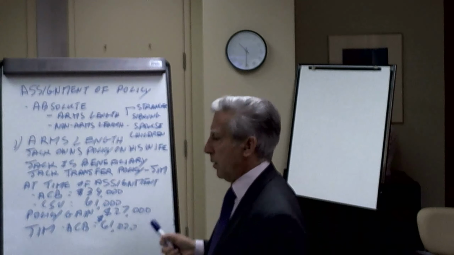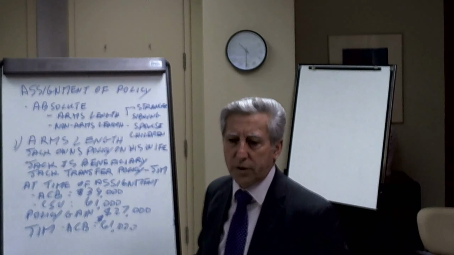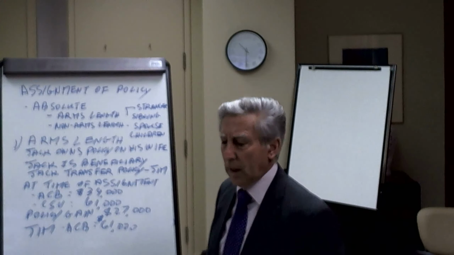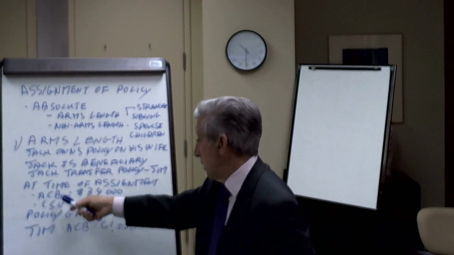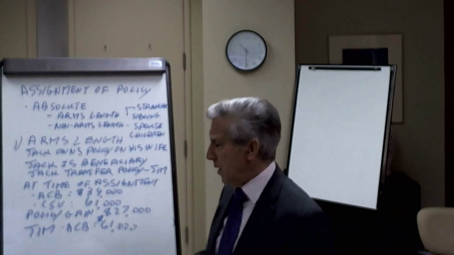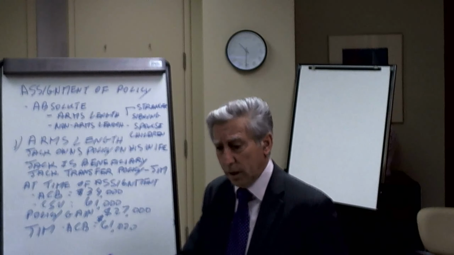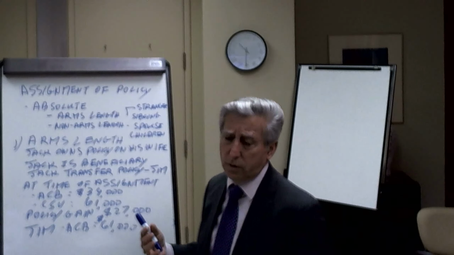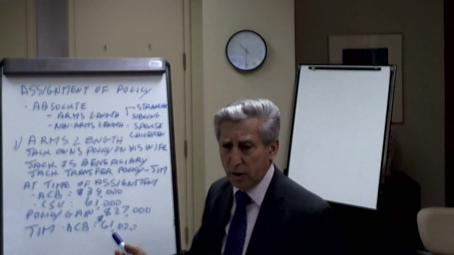Jim now becomes the new owner, the successor or contingent owner of the policy. So Jack dies, now Jim owns that policy. Jack's estate now has a capital gain, and it'll be the exact same thing. So whether you're transferring the policy while you're alive, or when you pass away, the same rules apply. There is a deemed disposition at that point.